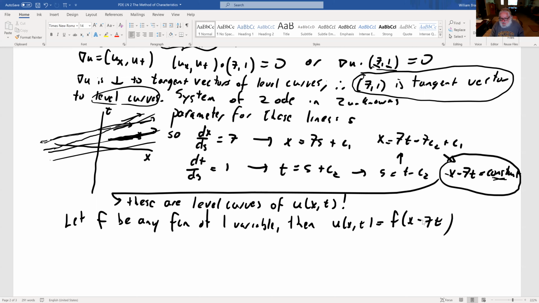This is our constant for our level curves. So these are the level curves. Any function of the level curves will actually be a solution to this. Why do we know that? Well, u_t plus 7u_x equals 0.